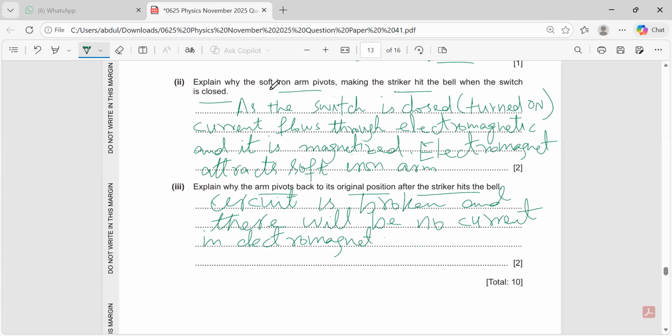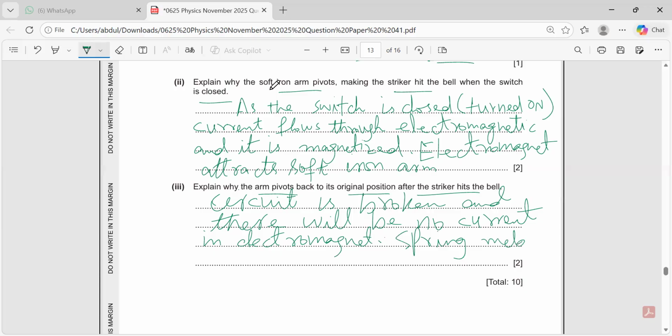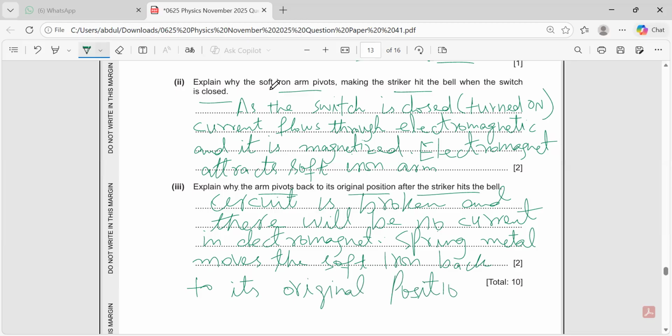The springy metal moves the soft iron back to its original position. This was 10 marks.